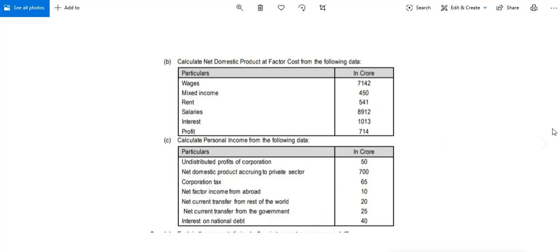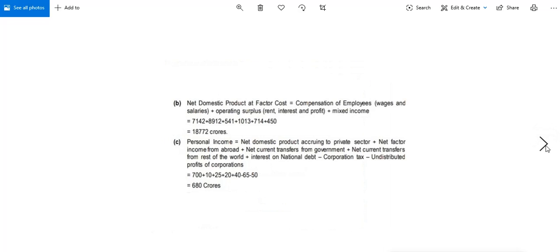See, whenever you are asked to compute personal income, the payments such as corporation tax and undistributed profits have to be eliminated from the total of all the incomes, that is income such as net domestic product accruing to the concerned sector, NFIA, current transfers from the government and current transfer from the rest of the world, of course interest income in respect of national debt.